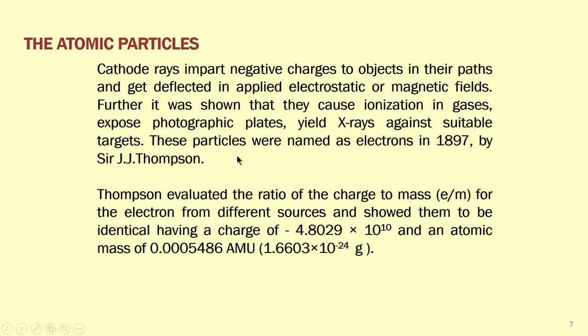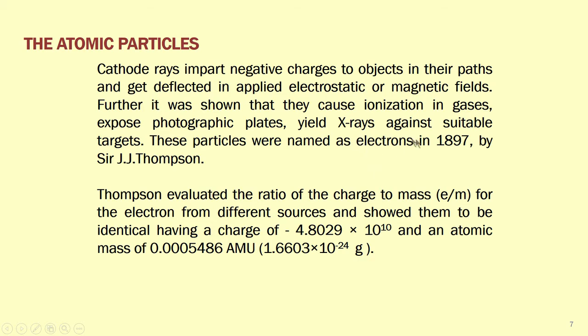They give X-rays. So, X-rays are rays coming from the metal after bombarding the metal with cathode rays. The wavelength of X-rays should be larger than that of cathode rays. So, these particles were named electrons.